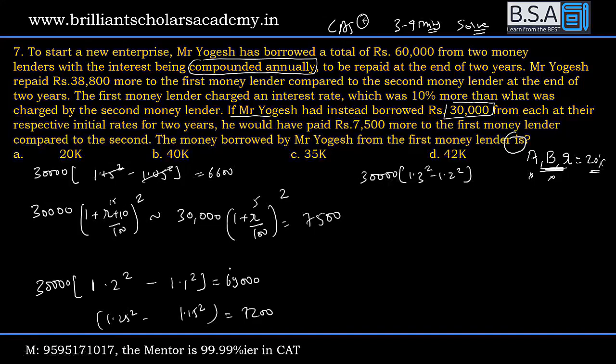I will say go with the answer options, guys. What is the gap between the two payments? 38,800 rupees more were paid to the first one. So let me test this option: 40,000 borrowed from the first person, 20,000 from the second person. R is 20%. So what is the payment here? It is 30% square, and it is 20% square. Does the subtraction match?